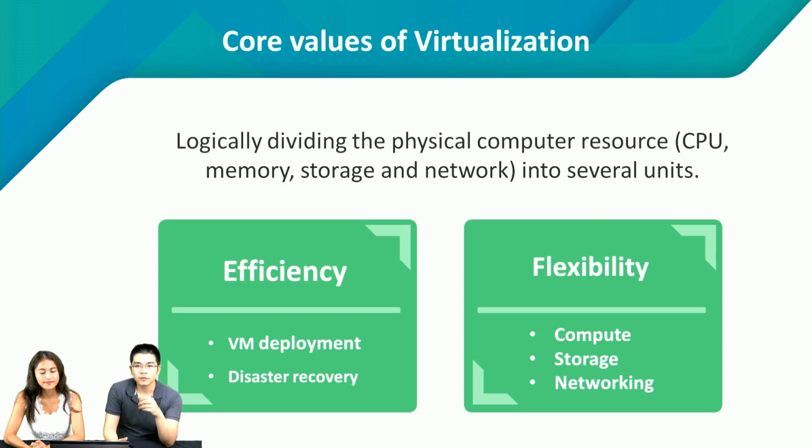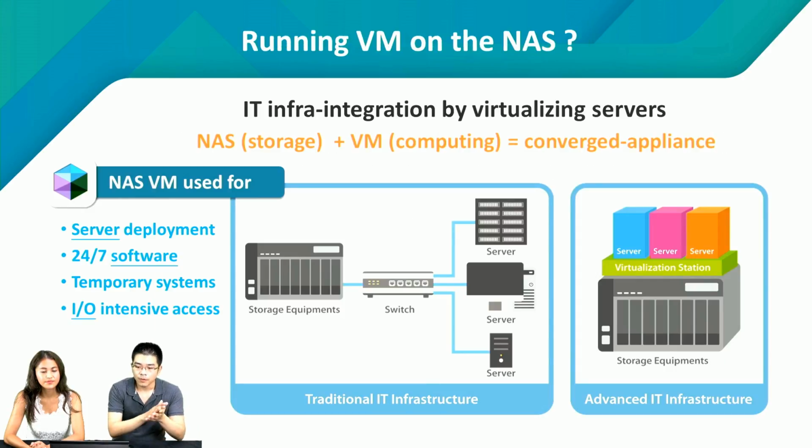Which means you can use one server to run two, three, or even more softwares, and you have the flexibility to arrange the CPU, RAM, or other hardware parts. You can arrange the percentage for each of your servers to make them work with the most efficiency for your hardware. So how can a VM run on the NAS?